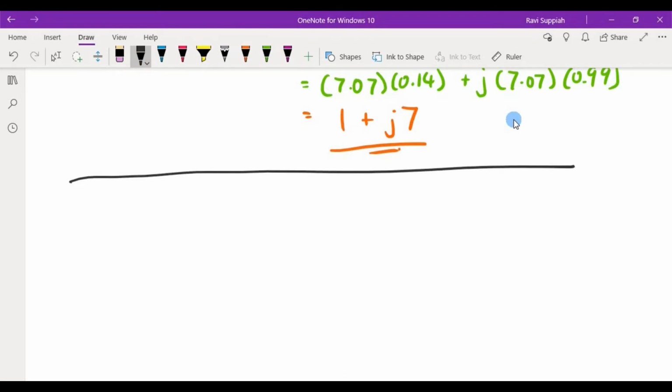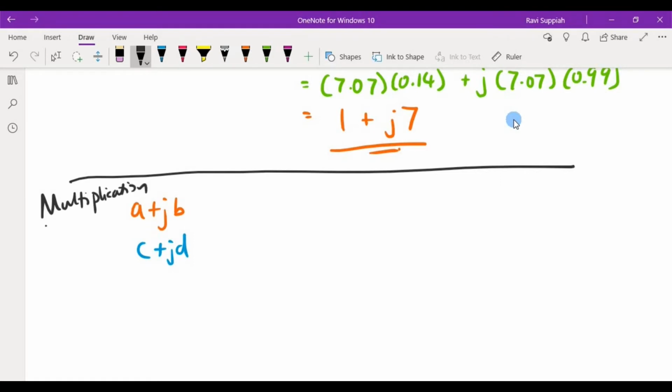The main benefits are in the areas of multiplication and division for two complex numbers. If I have a plus jb and another complex number c plus jd, and I ask you to perform the multiplication, we're going to focus on the multiplication part here.